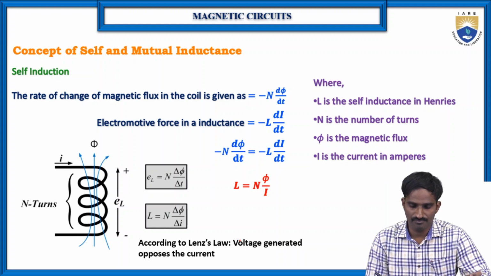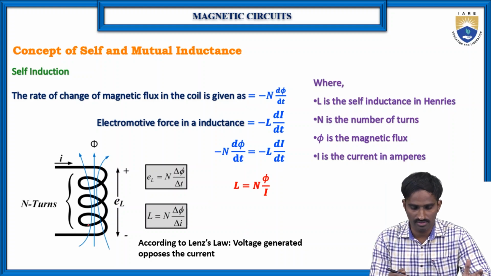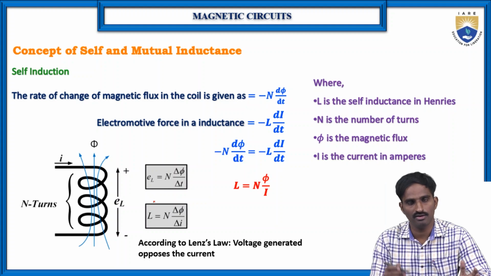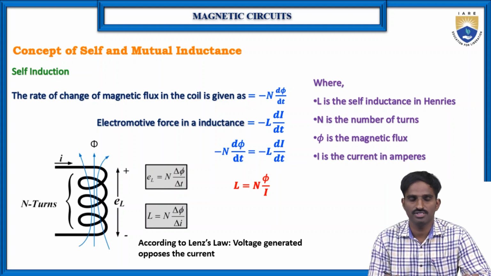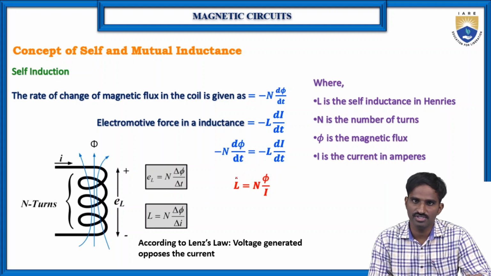Now, if you want to derive the EMF produced by this particular coil, and the relation between the EMF produced by this coil with respect to the current as well as the change in the flux, right? As we know, how is the EMF induced in this coil?